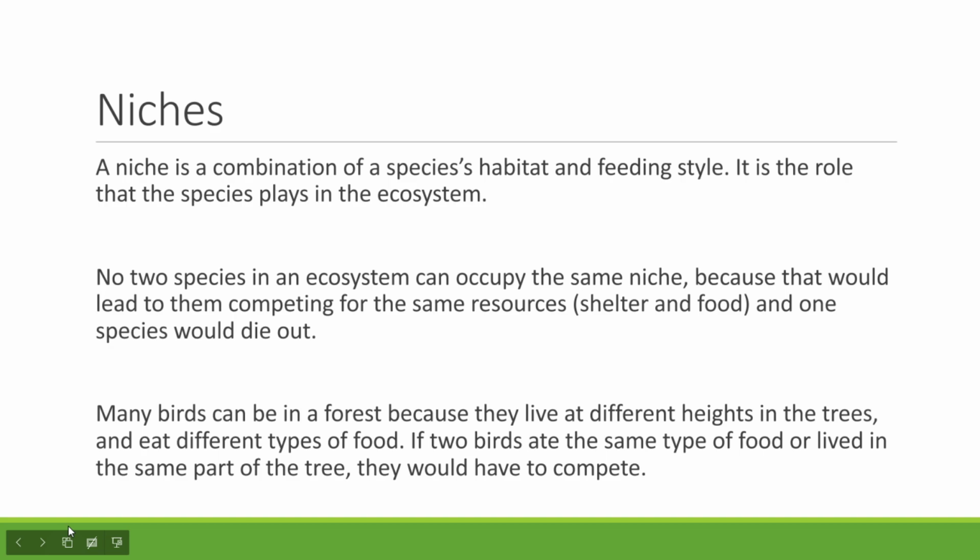But if, for example, the sparrows only ate bugs and worms and the pigeons only ate breadcrumbs, then they wouldn't be competing for resources. They would occupy different niches, even if they had the same habitat. If one of these things is different, then they occupy a different niche.